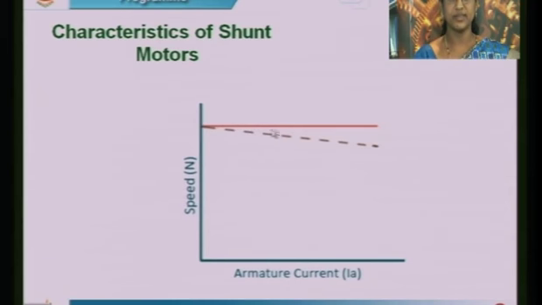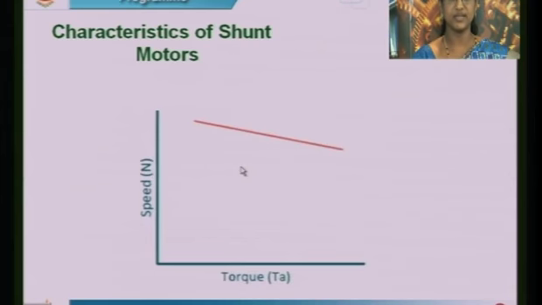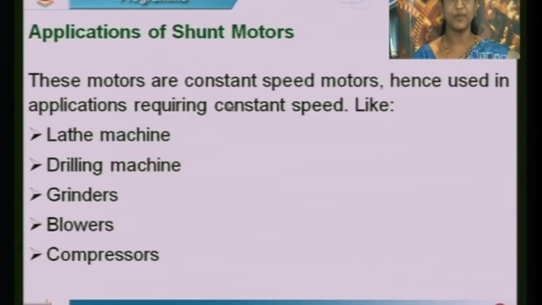That is why it is called a constant speed motor. So these motors can be used in lathe machine, drilling machine, grinder, blower and compressor applications. All are applicable to these constant speed motors.